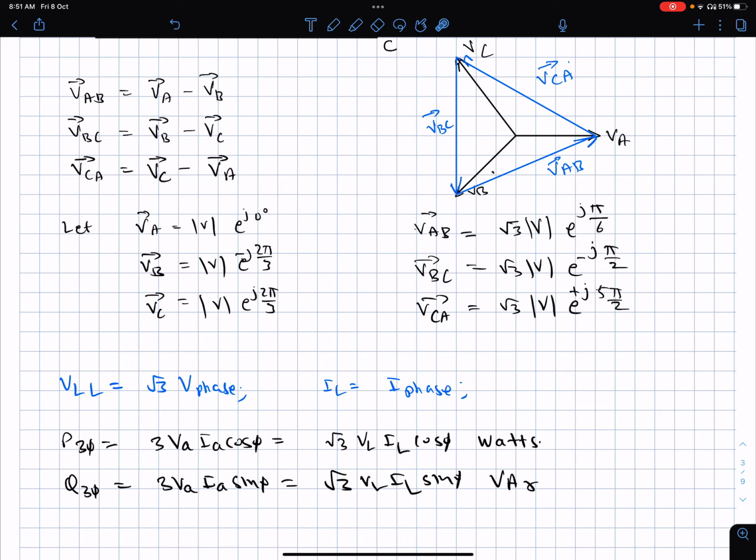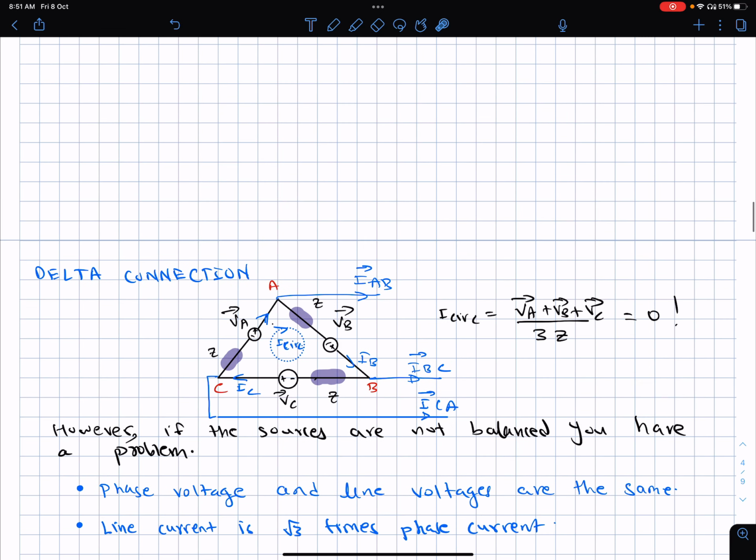Since each phase has its own reactive power, then to keep our algebra simple and scalable, we define the three-phase reactive power as 3 VA IA sin phi, or root 3 VL IL sin phi, with units being volt amperes reactive. While what is the unit of the active power? It's watts.